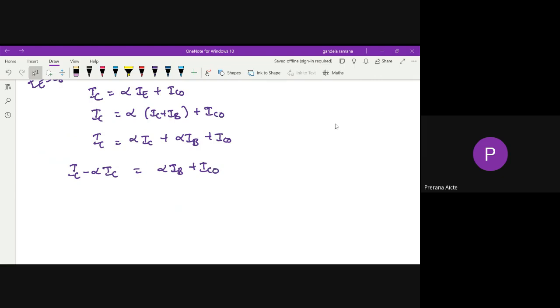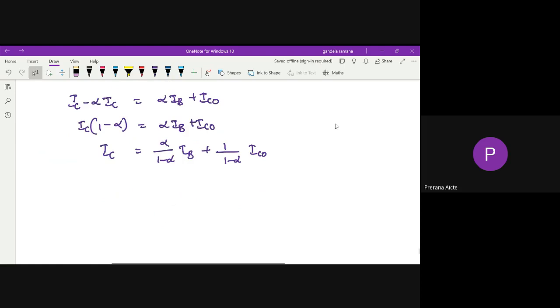Taking IC common, IC times (1 minus alpha) is equal to alpha IB plus ICO. So IC is equal to alpha by 1 minus alpha times IB plus 1 by 1 minus alpha times ICO. What is alpha by 1 minus alpha?